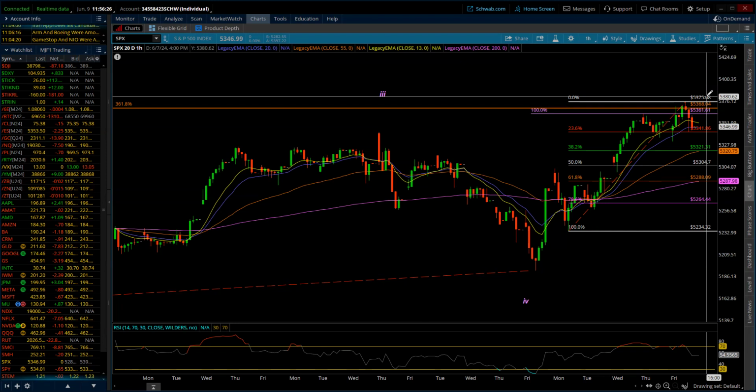So it is however it gets interpreted. But I think more important will be what Powell presents and how he presents it. Will he be more hawkish or more dovish? And the market will pick up on that really quickly.